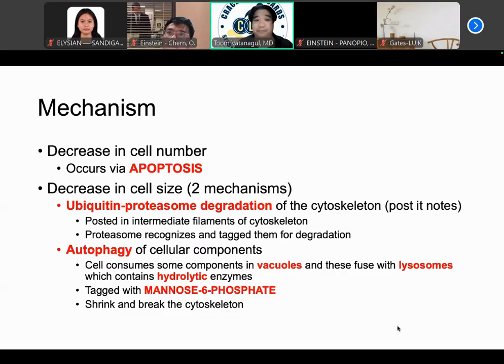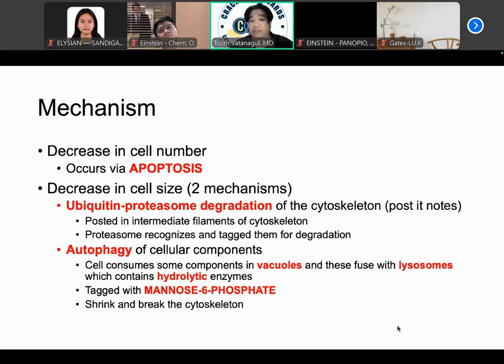It is apoptosis. And what are the 2 mechanisms which are associated with a decrease in the cell size? It is ubiquitin proteasome degradation, then we have autophagy.